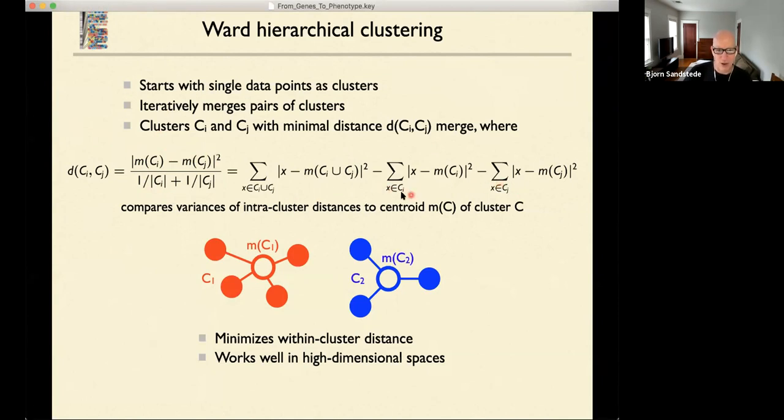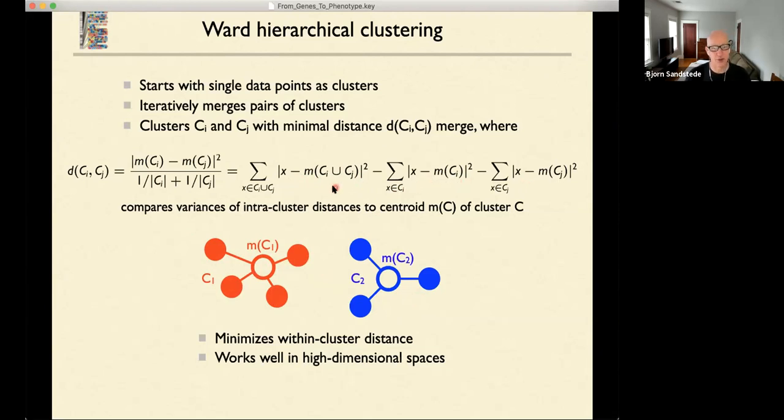The other way is to look at this formula that looks more complicated. What we're really looking at is the variance, the distance of points to the cluster. You look at your centroid, you look at all of the different data points, compute all of these distances, square them, and sum them up. You do this for your first cluster and for the second cluster, which gives you these two quantities over here.